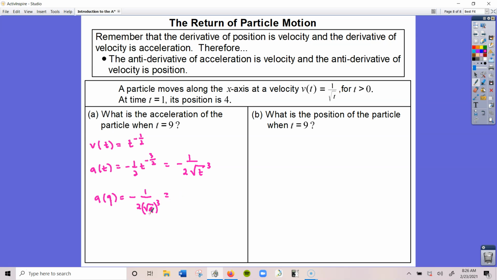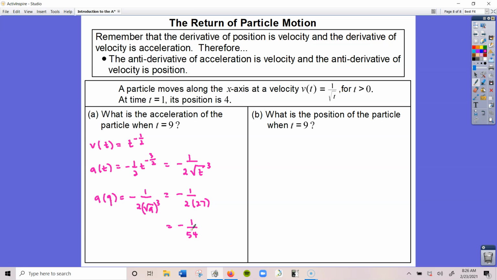I usually like to do the root first, although it doesn't necessarily matter if you do the power and then the root, but I like doing the root because the numbers are smaller. So negative 1 over 2, the square root of 9 is 3, and 3 raised to the third is 27. And 2 times 27 would give me negative 1 over 54.